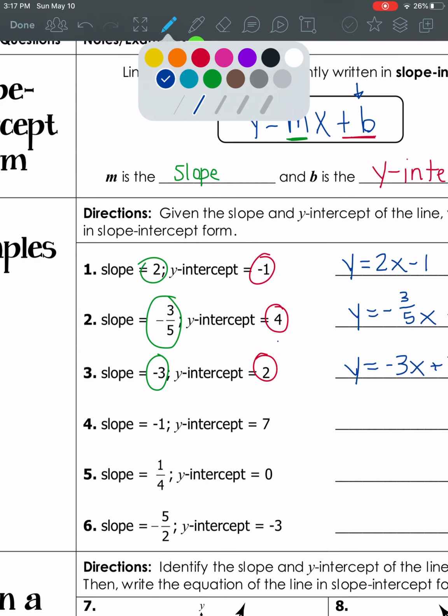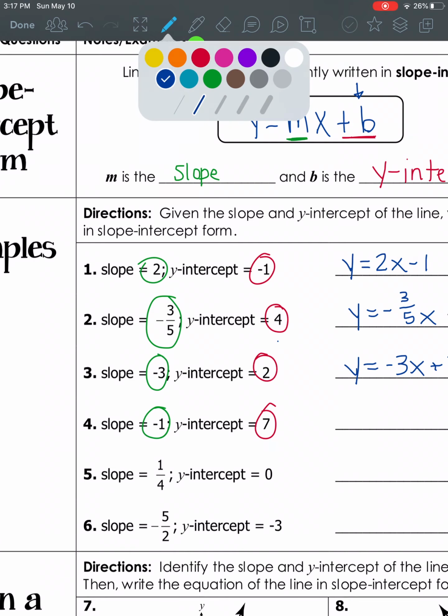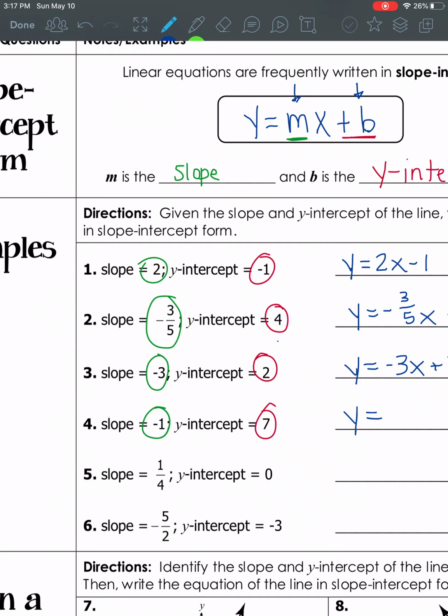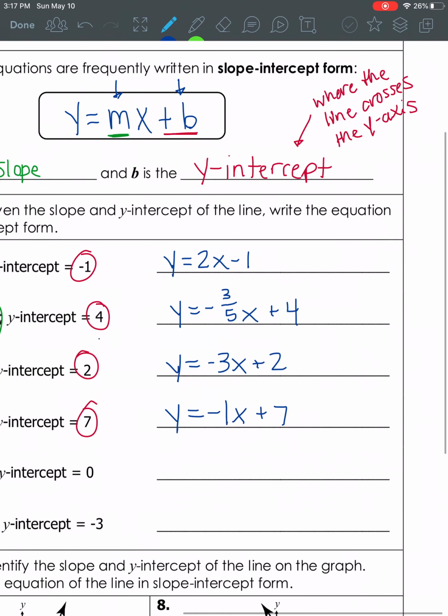All right? Slope is -1. Y-intercept is 7. So y equals, m is -1, so -1x. Y-intercept is 7, plus 7. Okay, we can actually simplify this one because the -1 in front of the x we can always get rid of. It's invisible. So we can also write it like this.